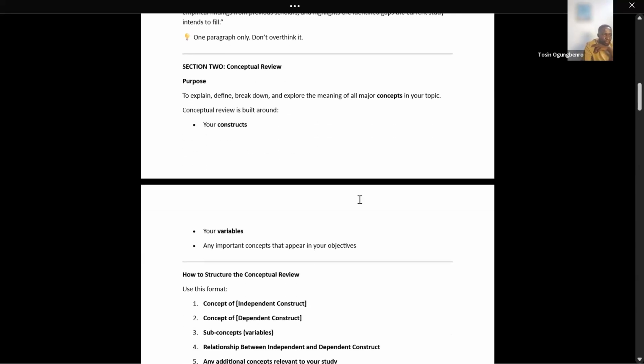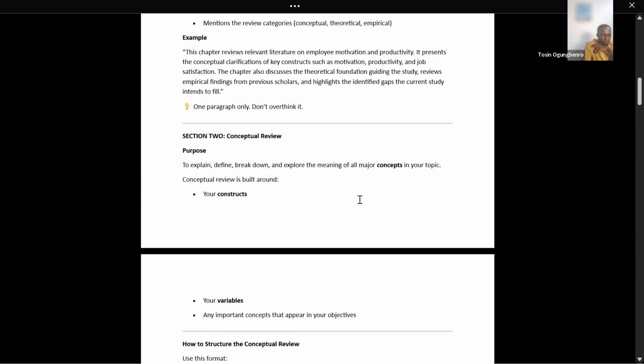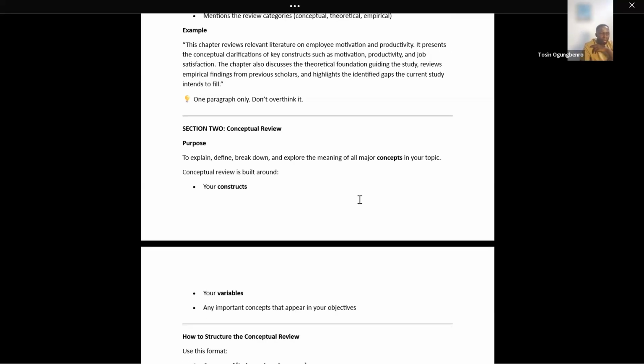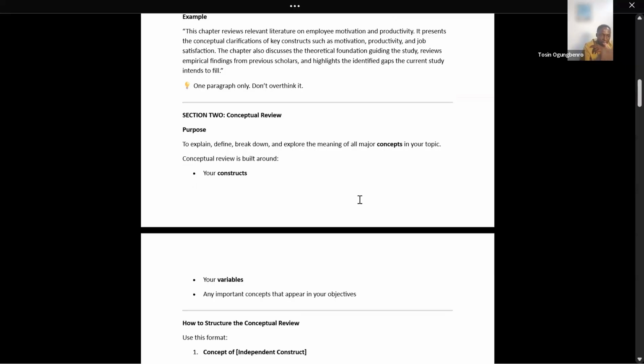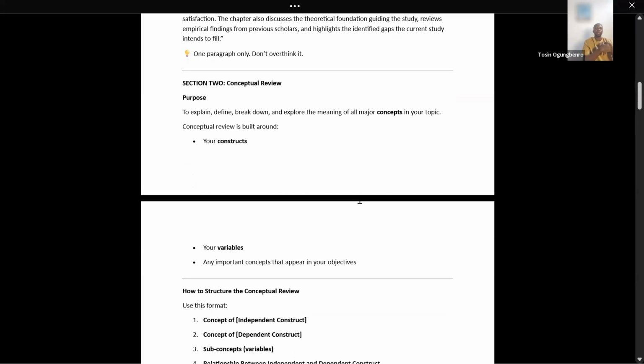So, conceptual review, section 2. The purpose is to refine, to break down and explore the meaning of all major concepts in your topic. Conceptual review is built around your constructs, your variables, and important concepts that appear in your objectives. Like the word stands, conceptual review is dealing with concepts.